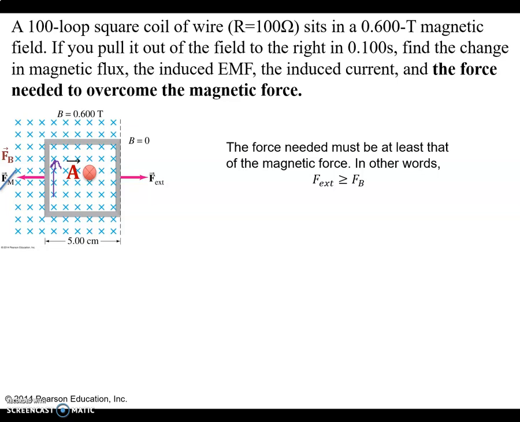But what about over here on the top or bottom sides of this loop, or for that matter on the right side? Well, the right side is easier to explain because that's going to be outside of the magnetic field. Therefore, there's going to be no magnetic force on the right side of the loop. On the bottom, if you do the right-hand rule, you find that there's a magnetic force pulling downward.